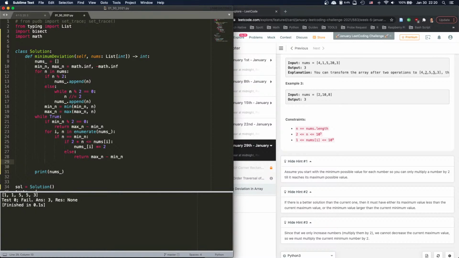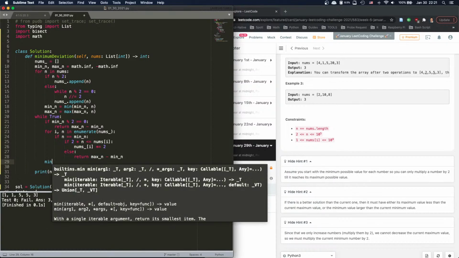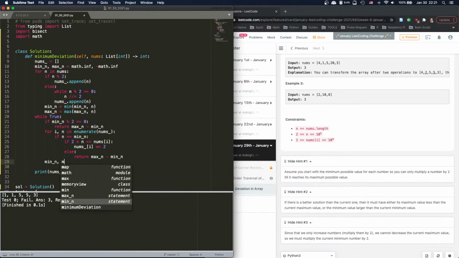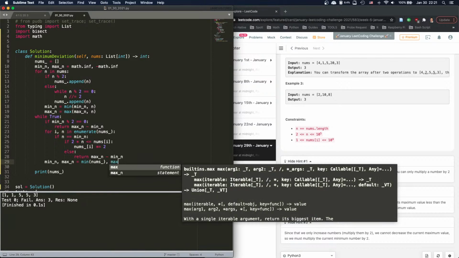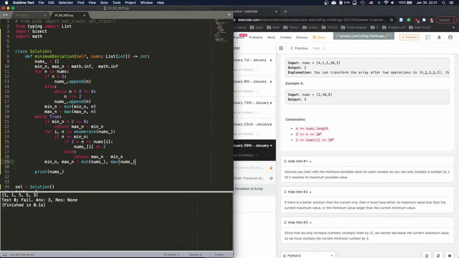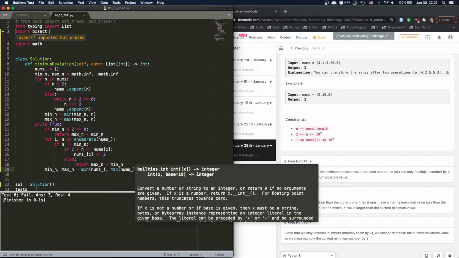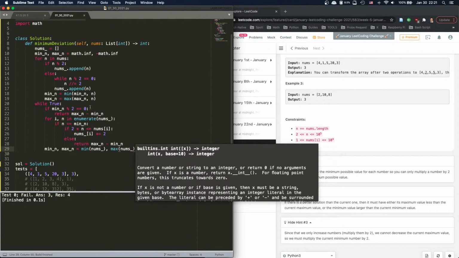And after we finish updating, we need to find min n and max n equals min num and max num, like that. But it says fail.